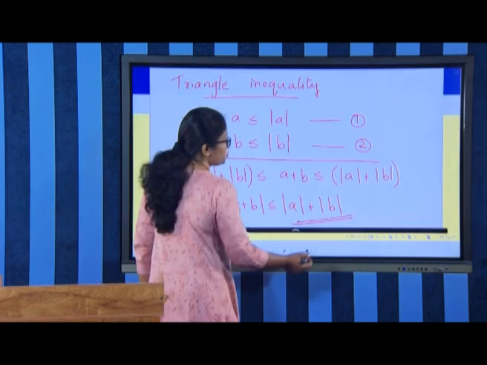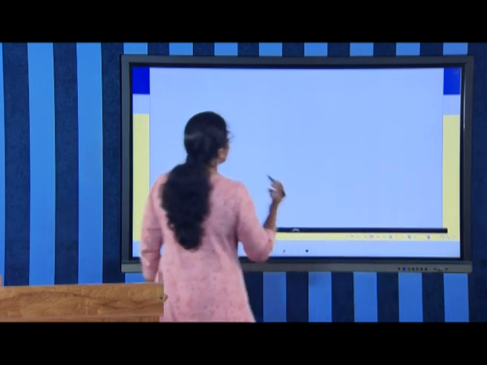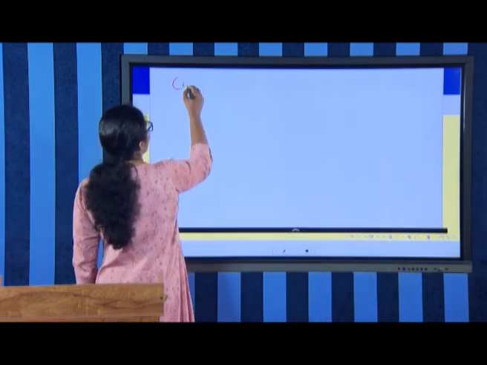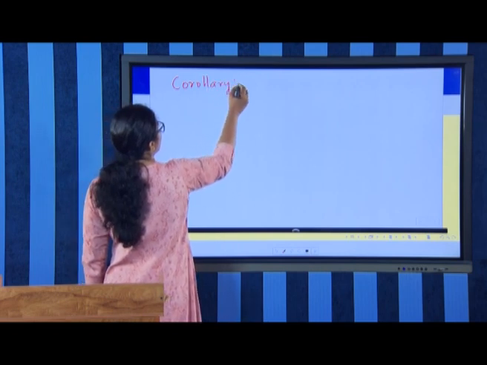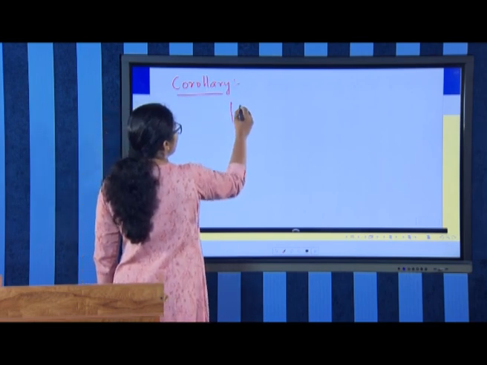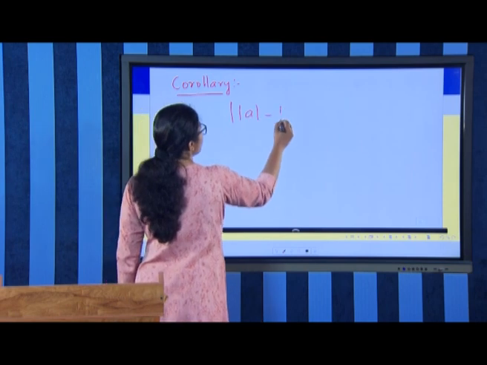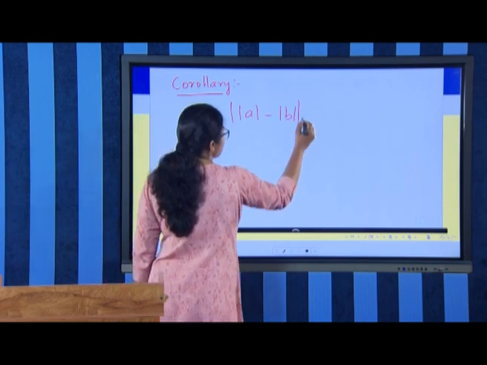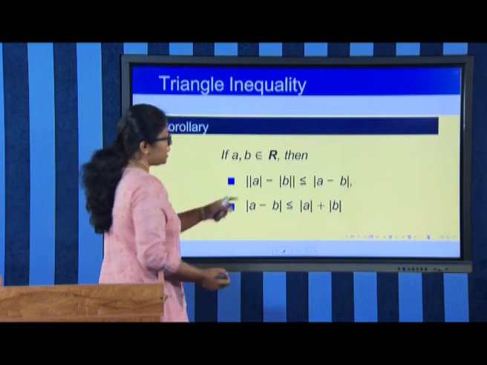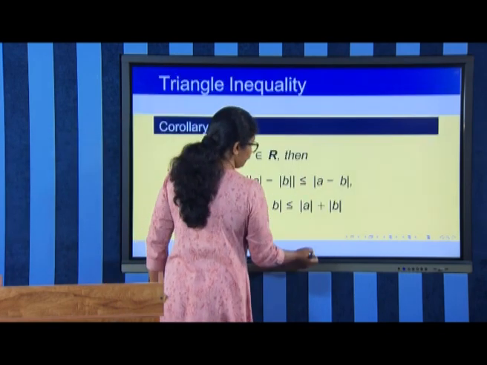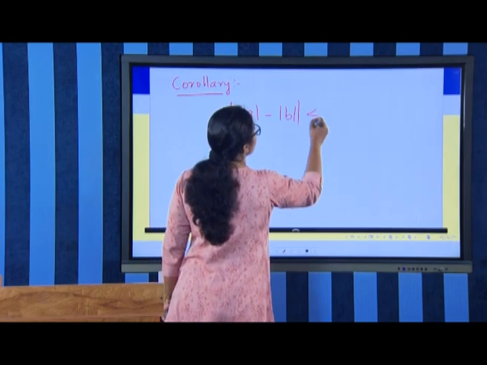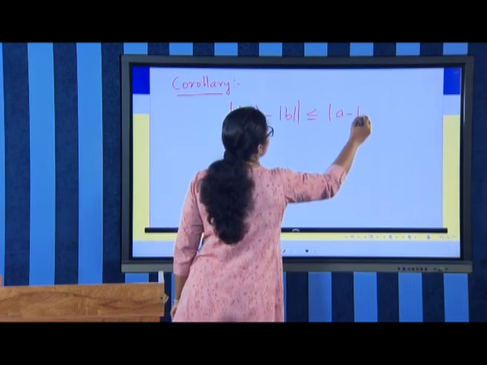We are going to prove the corollary: the absolute value of mod a minus mod b is less than or equal to modulus of a minus b.